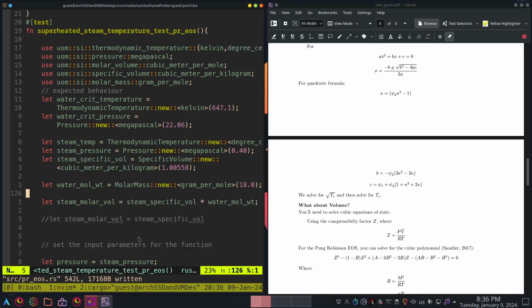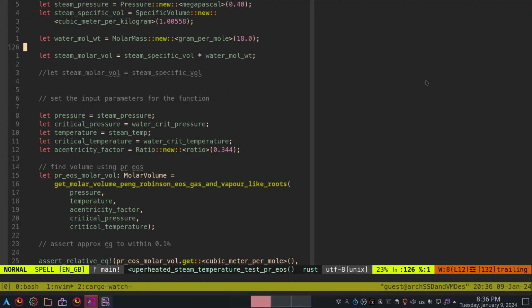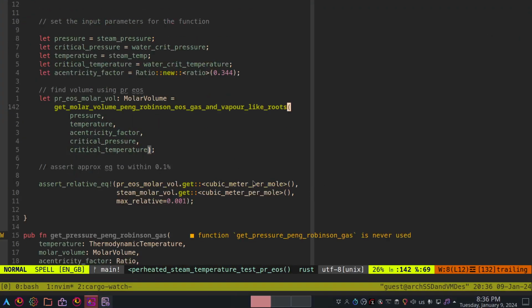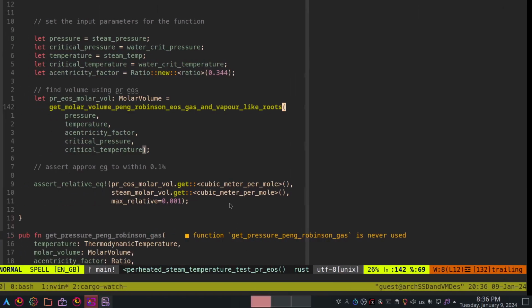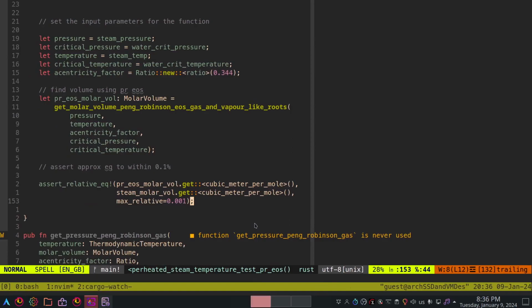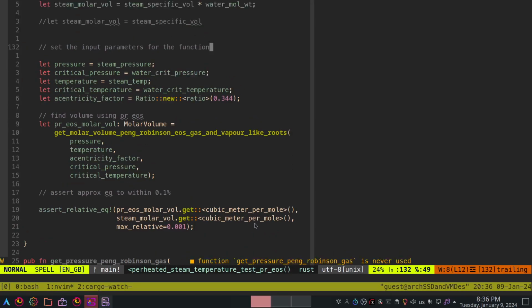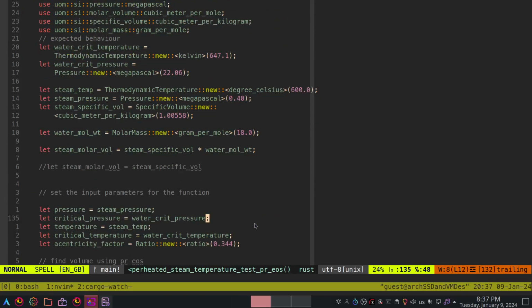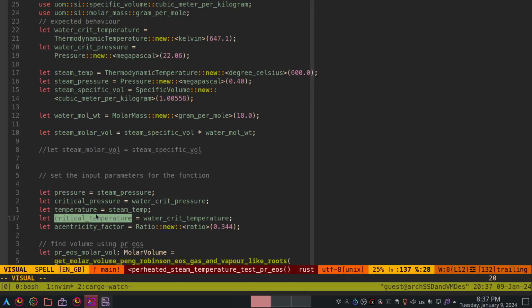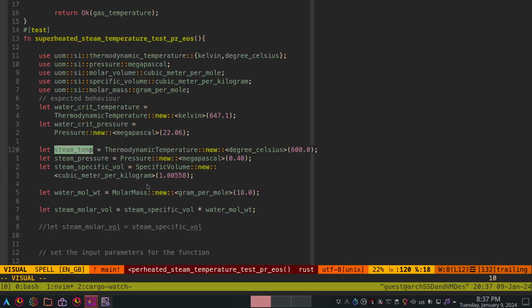What I'm doing here is basically recycling the pressure test, or rather the volume finding test, and I'm going to use it for temperature. Pardon, it's really long. I'm almost an hour long, but that's what we are doing here. So there's a steam molar volume here, and the steam temperature is what we expect.